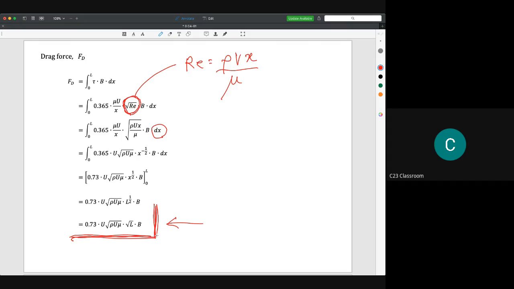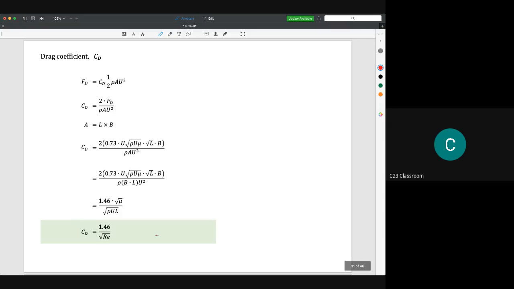quadratic velocity profile. Then how do we get the drag coefficient? By having this equation, FD is equal to CD times 1/2 rho A U squared. Then we rearrange the equation, so we have CD, and A here is the area.